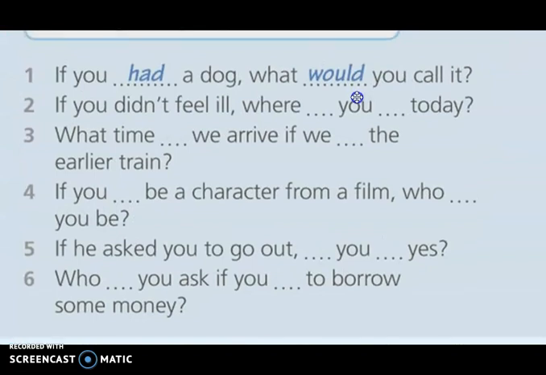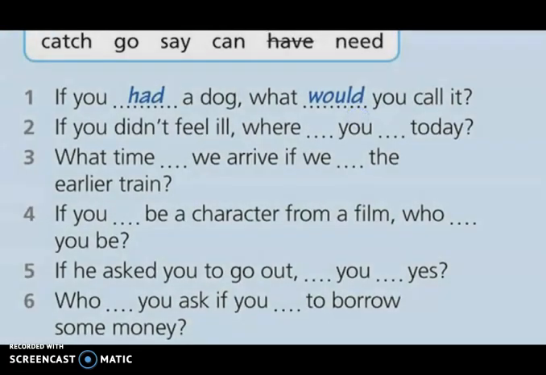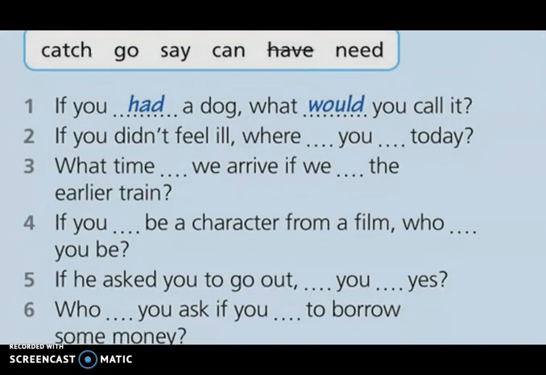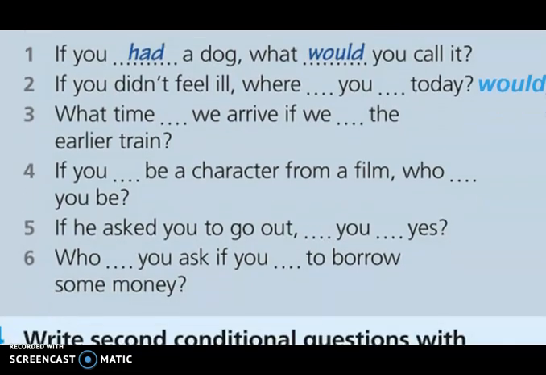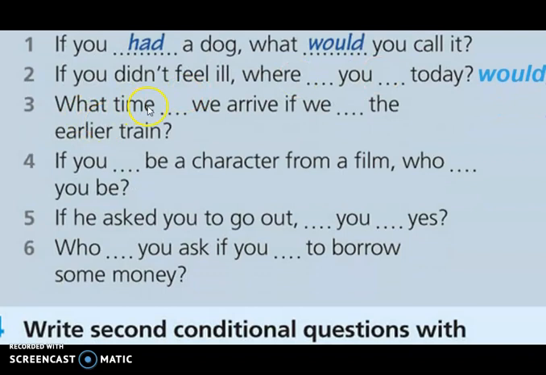Where would you go today? Next, number 3. What time would we arrive if we caught the earlier train?